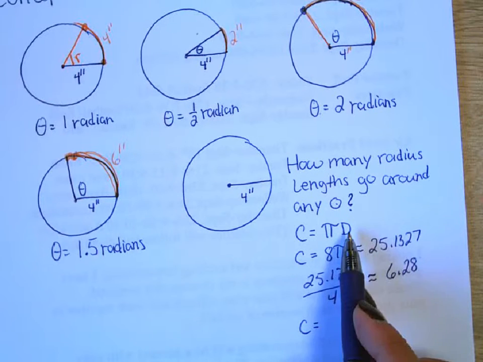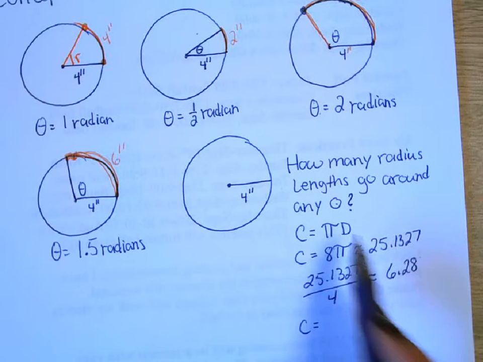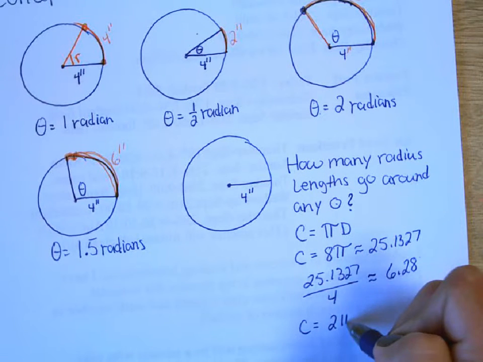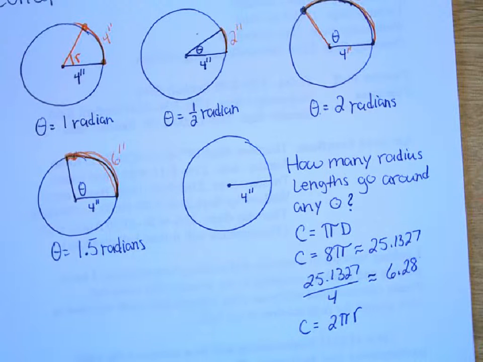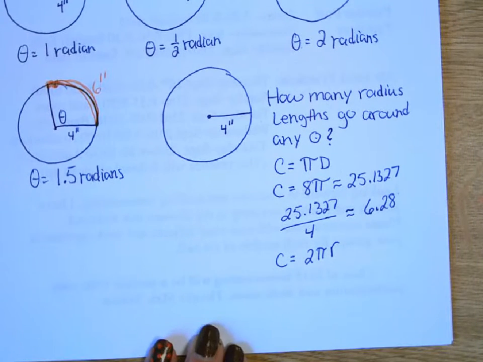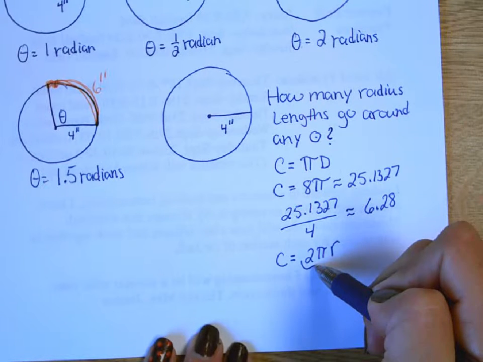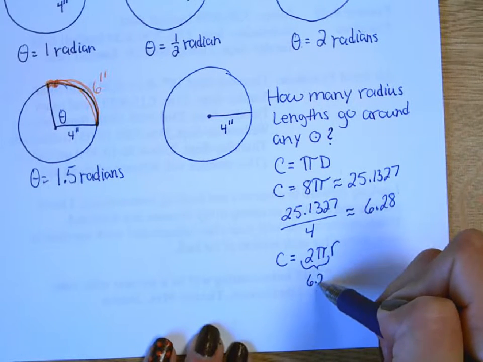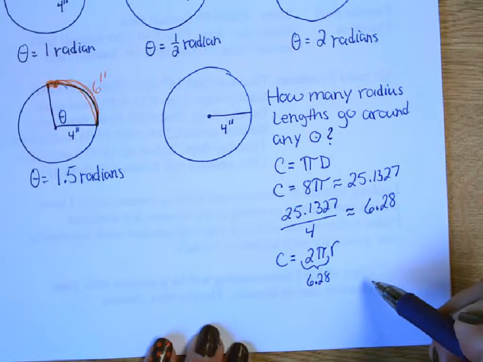You said pi times diameter. What's another way to express the diameter? 2 radius. So it's 2 pi radius. What's 2 times pi? 6.28.